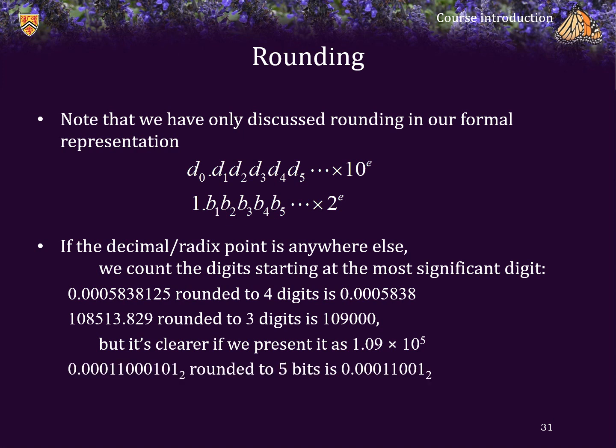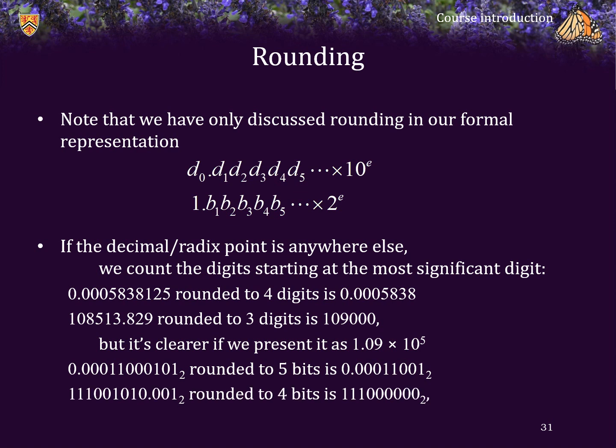For this number here, if we are to round it to 5 binary digits or 5 bits, we observe that the sixth bit after the first leading 1 is a 1, and all subsequent bits are not all 0, so we truncate the 101 and increment the last bit.